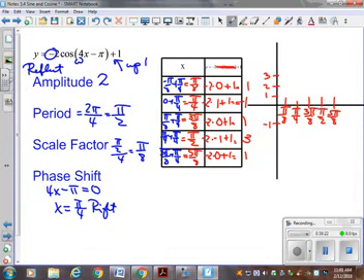So we start off with pi over 8 is 1, and we work our way up and down to make the curve. So pi over 8 is 1. Pi over 4 is negative 1. 3 pi over 8 is 1. Pi over 2 is 3, and the last one's back down to 1. I'll put that in the right place.